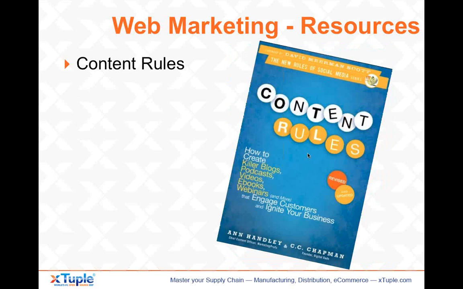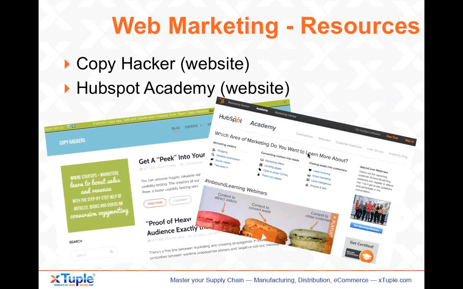Content Rules is a great book on if you're stuck and you're like the plumber and you just don't know how to create content on plumbing. It gives you some great ideas about how to cater to your industry and to your clients and how to really engage customers so that you can get higher traffic. And then here are two websites that are very helpful.